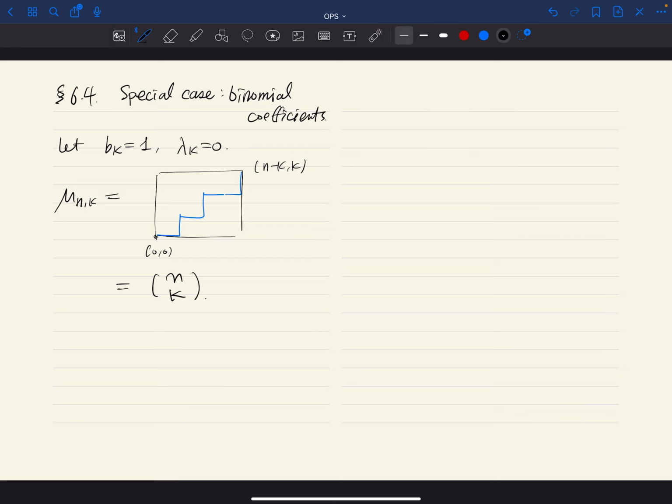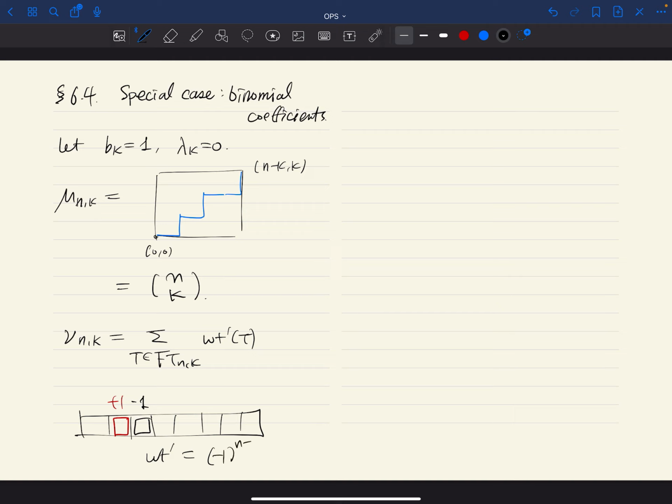And what about nu? It's Favard tilings. Let me write this. Favard tilings n,k, weight prime of t, but we already know that we only have red or black monomials. If we have red, the weight is +1. If we have black, the weight is minus p something, but p is always 1, so the weight is always minus 1 to the n minus k.